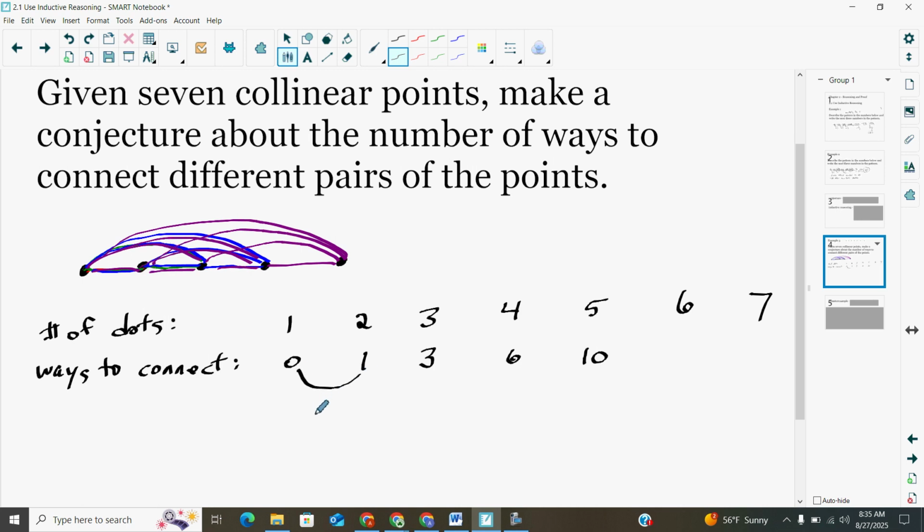Well, this was +1, right? This is +2, +3, +4.